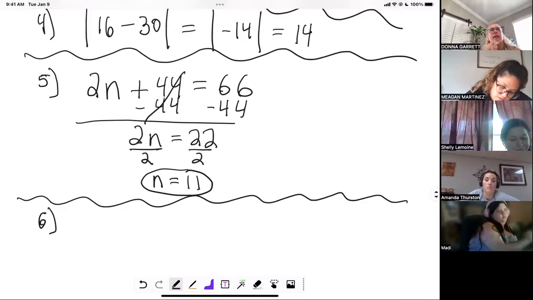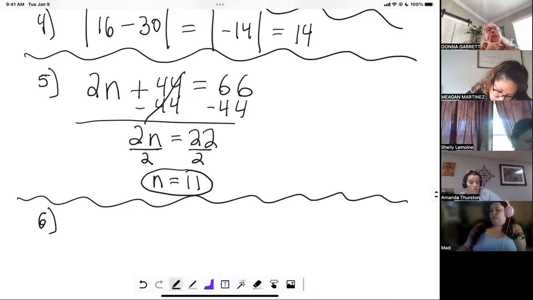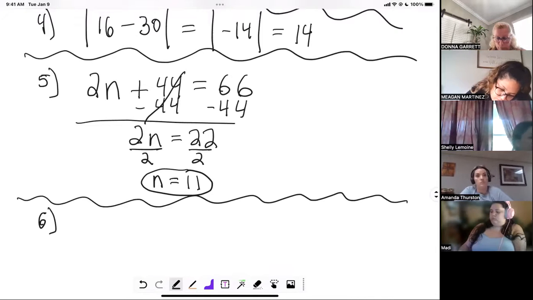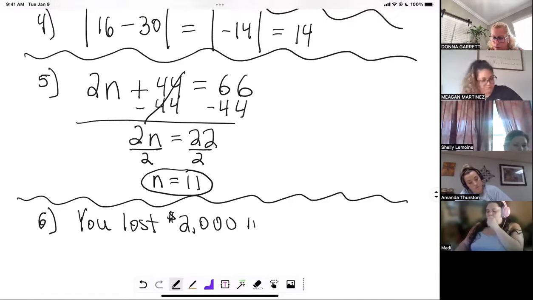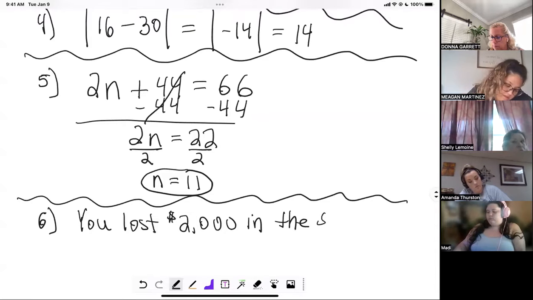Okay, so let's say you have a word problem and they want you to write what it represents. Something like, I'm going to make it real short: you lost $2,000 in the stock market.